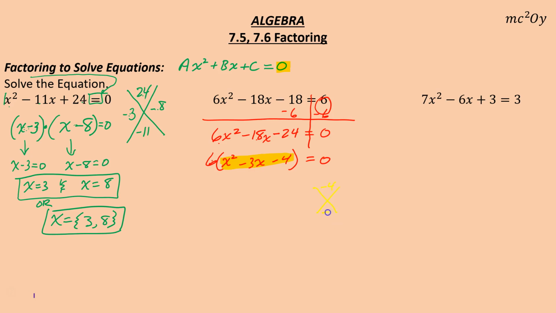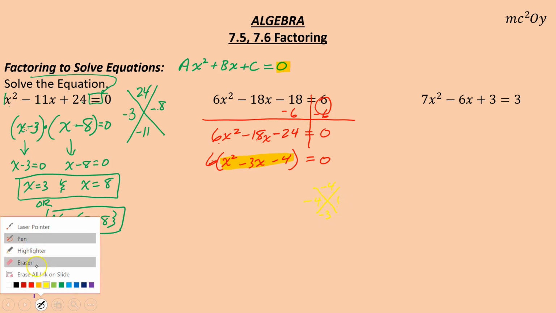Think of your factors of negative 4. If it has to make negative, one of those two things has to be negative. So negative 1 times positive 4 makes positive 3. How about negative 4 times positive 1? That's negative 4, and that's negative 3.